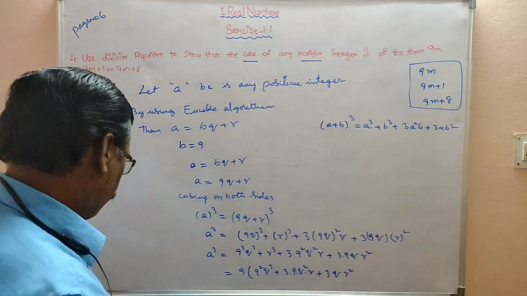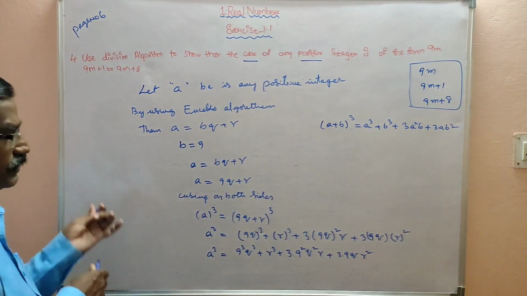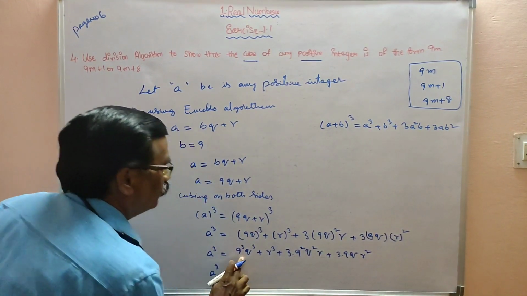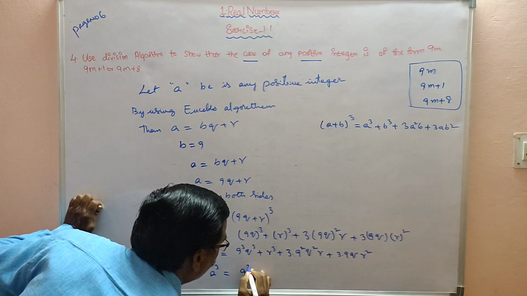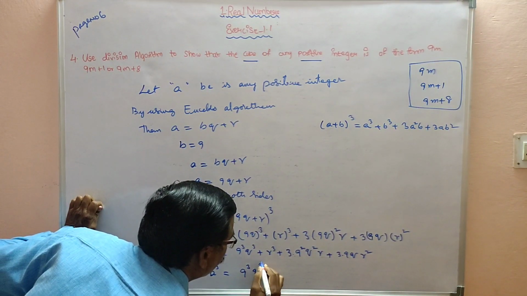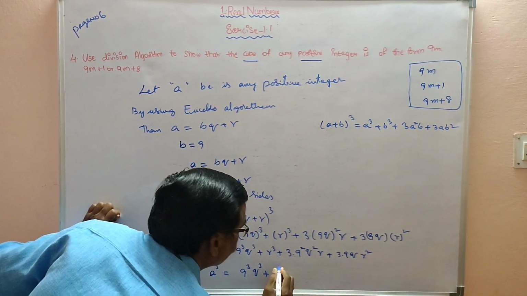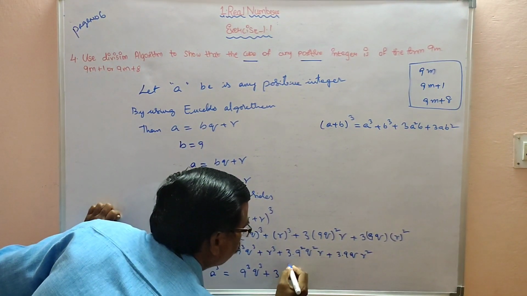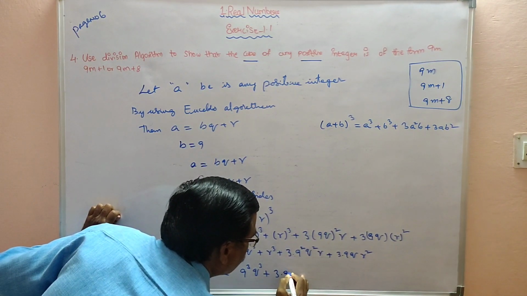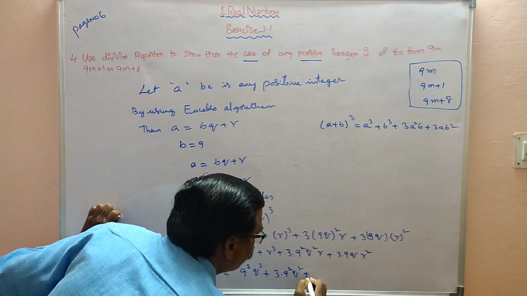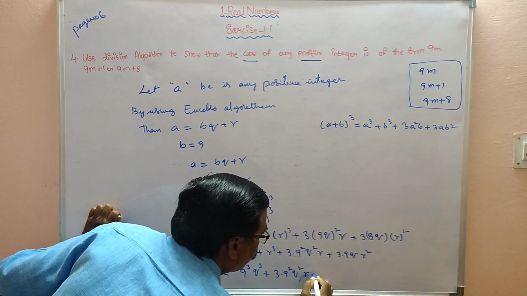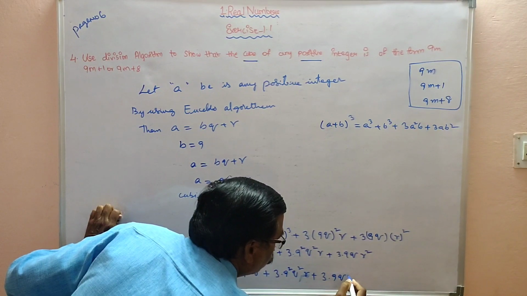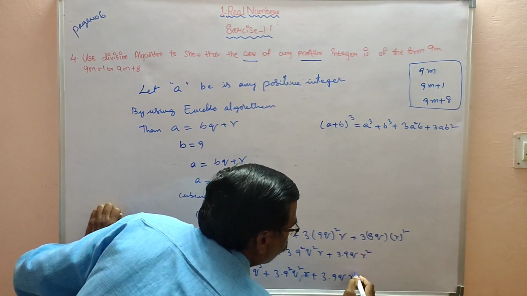I will write one more step after this step. Now we have a cube equals 9 cube, plus 3 times 9 square q square into r, plus 3 times 9 cube r square.